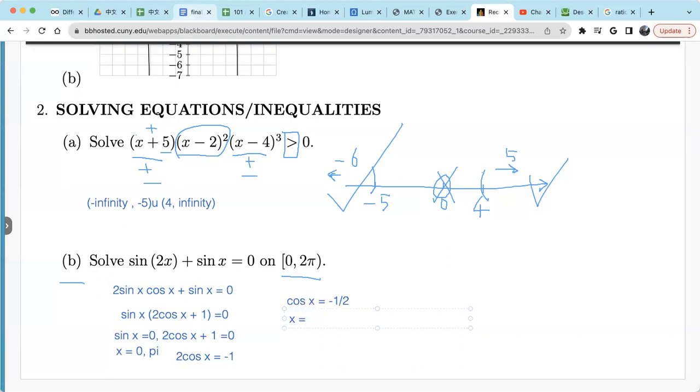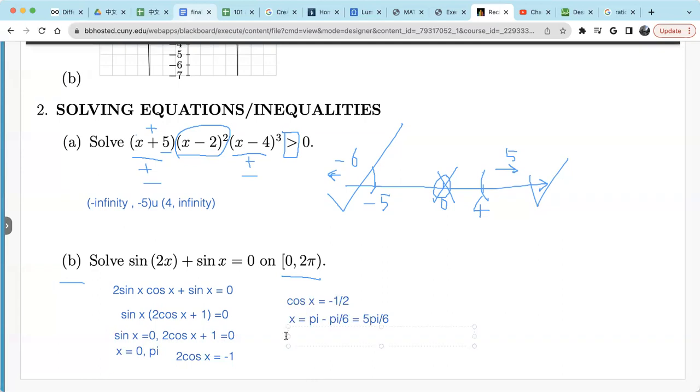But that's a reference angle. So in the second quadrant, imagine the triangle. Our true angle is pi minus pi over 3, which is 2 pi over 3. So this is a solution in the second quadrant.